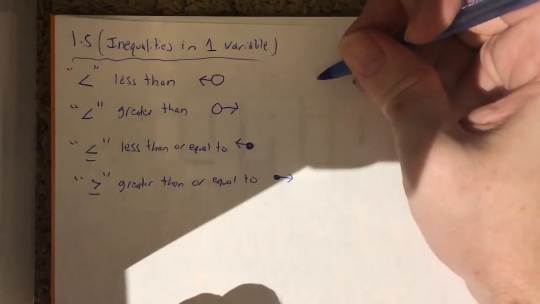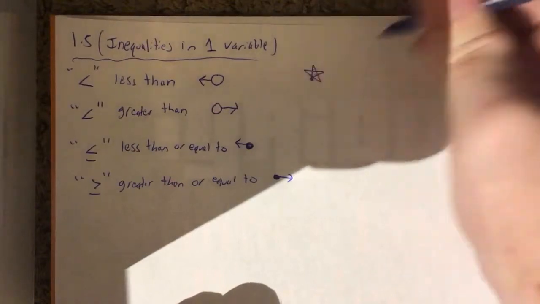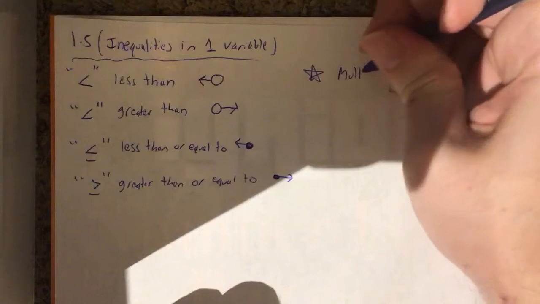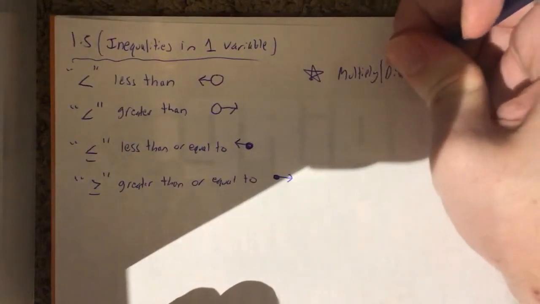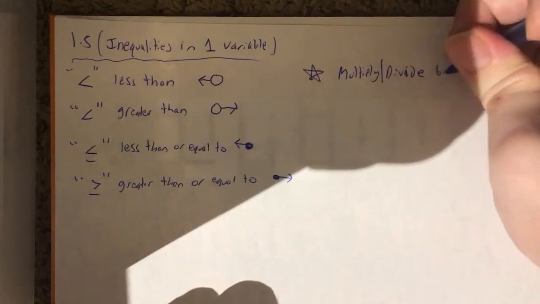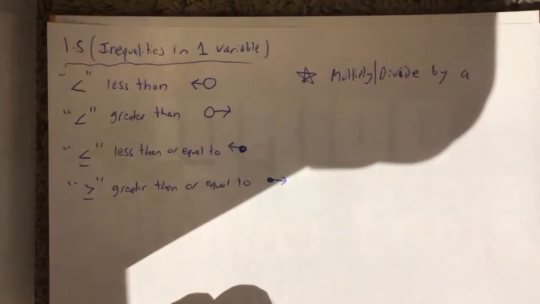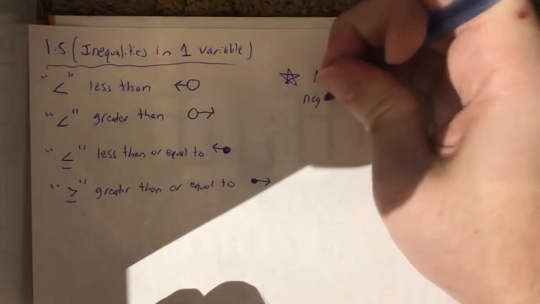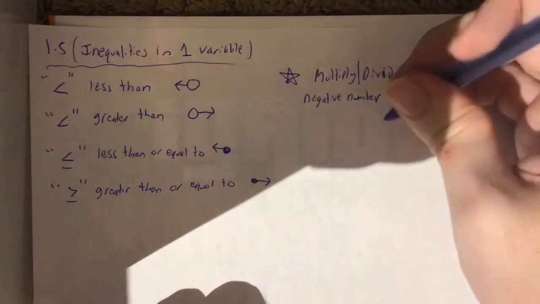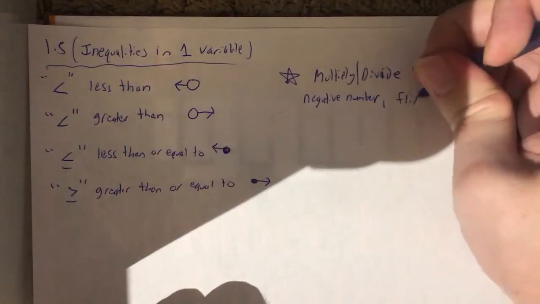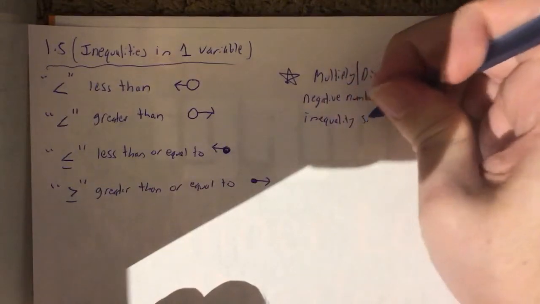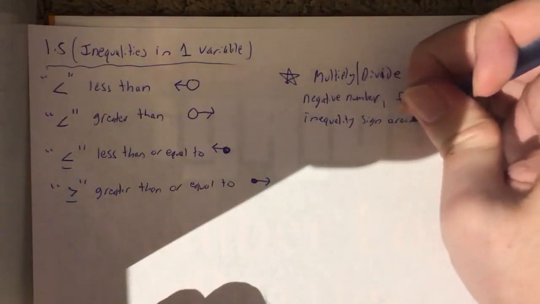And then one important rule with inequalities, and you're going to need to apply this whenever you multiply or divide, D-I-V-I-D-E, by a negative number, you must flip the inequality sign around.